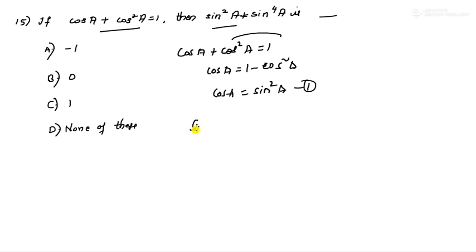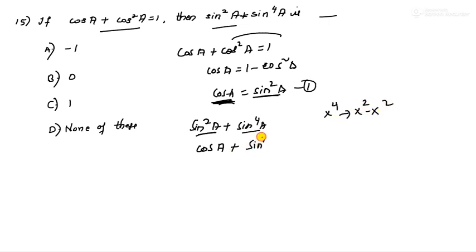Now in the question they have given sine square A plus sine to the power of 4 A. Sine square A can be written as cos A from the condition we got. For example, if they have given x power 4, it can be written as x square into x square, correct?